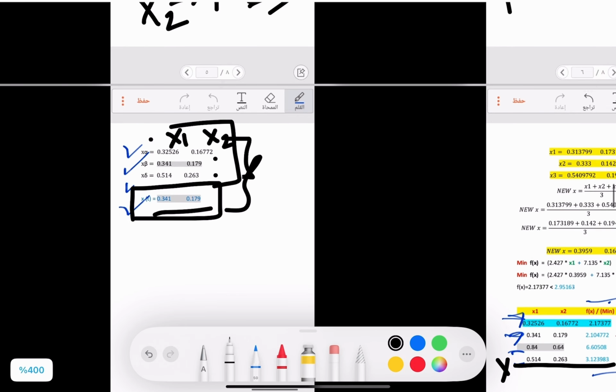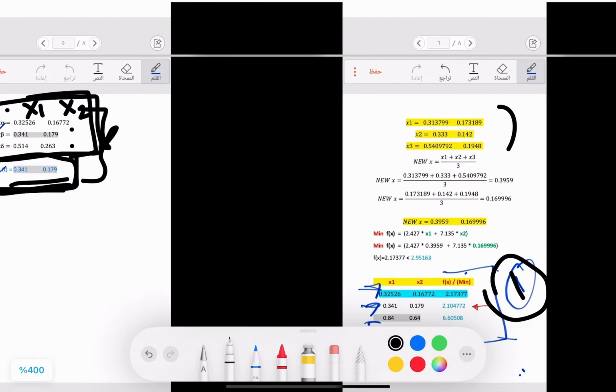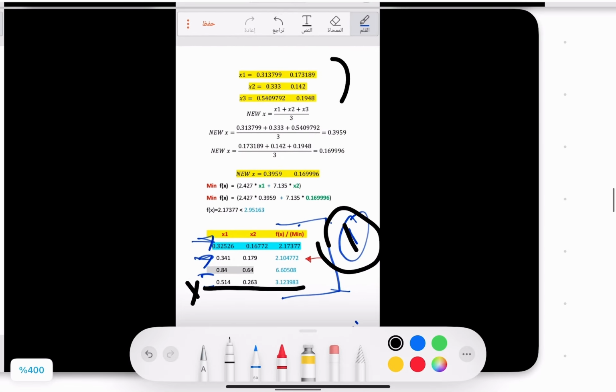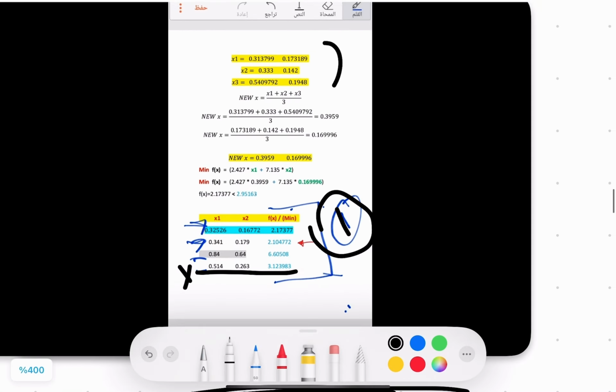Once we get that as x of t, we're going to use this new x of t and the new values of the wolves, and we're going to replace them in the equations before. We will get the new values of x1, x2, x3 like we did in the last calculation. We're going to get a new x, which is the mean value for the x's added up together.